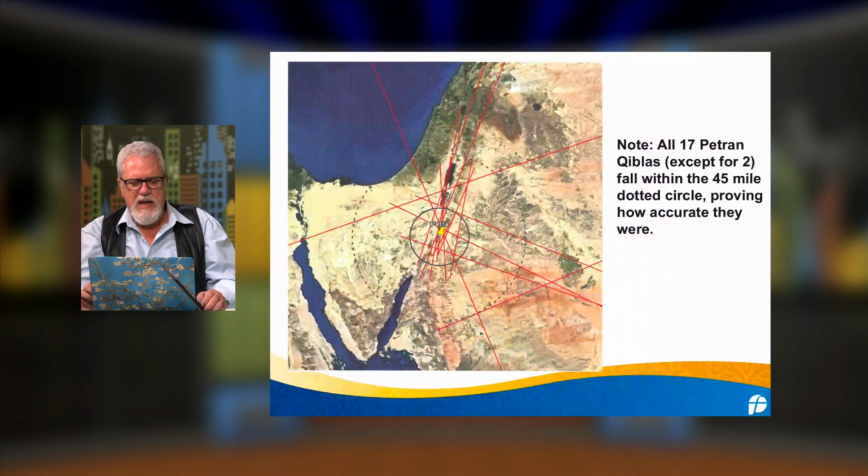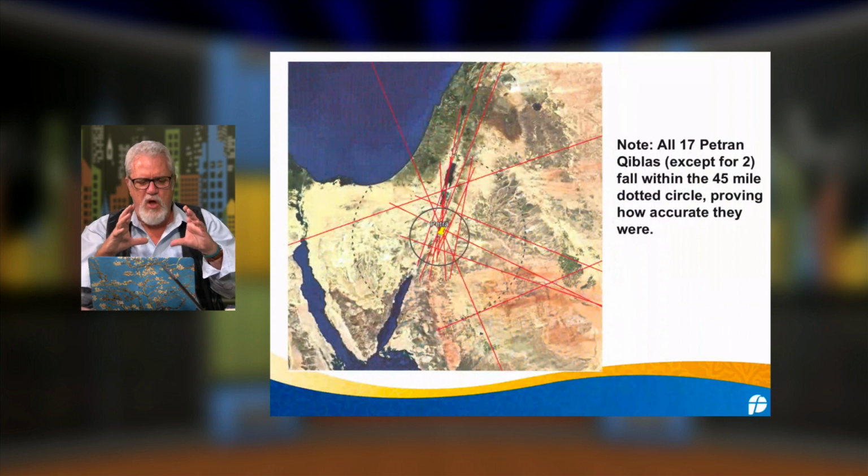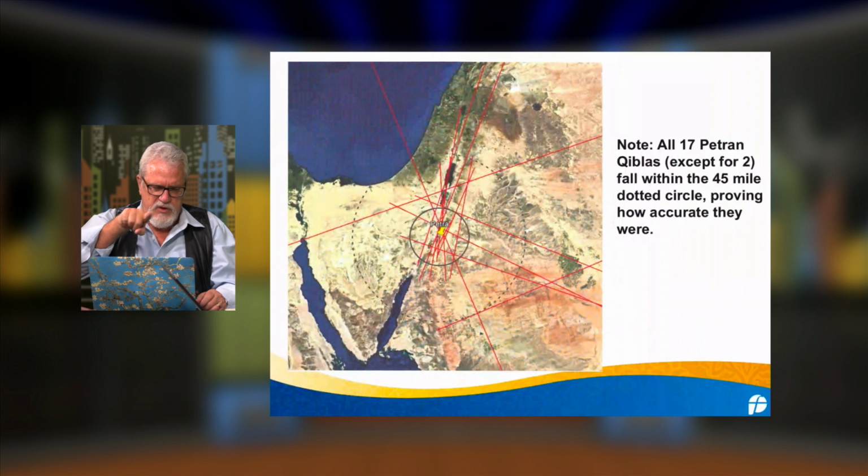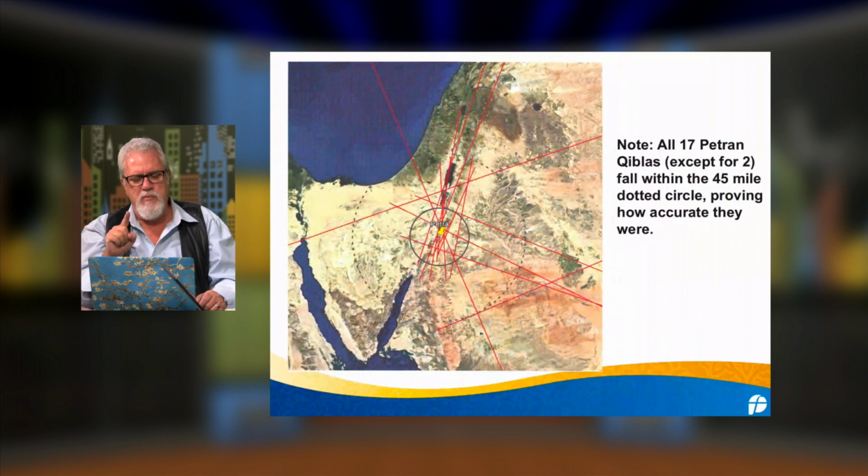Dan Gibson decided to answer that question you're bringing up. Looking down on Petra, you see that dotted black circle? That circle is the 45-mile circumference. Except for two, all of them come within that 45-mile circumference, and they all come within the dotted one.